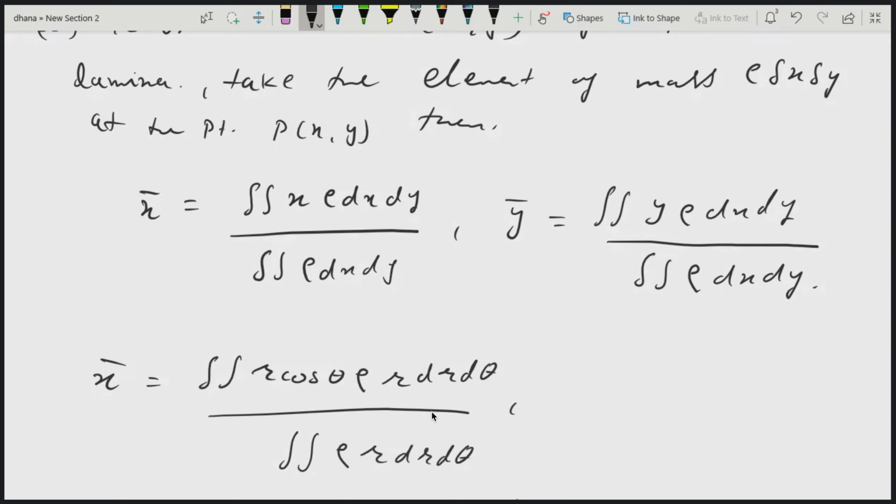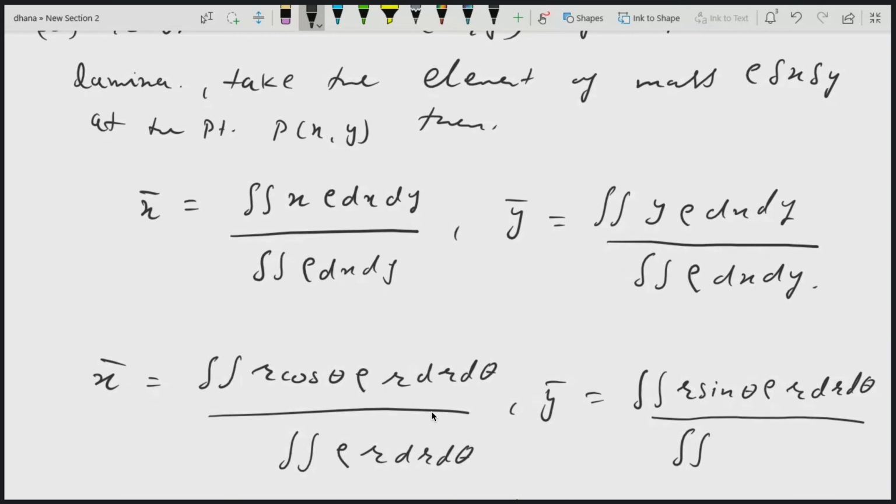Similarly, y bar you will calculate as double integral. Y means r sine theta, rho dx dy is again r dr d theta. So in the numerator you will have r square sine theta rho dr d theta, and here for x bar you will have double integral r square cos theta rho dr d theta. Okay. So this is how you calculate the center of gravity for a plane lamina.